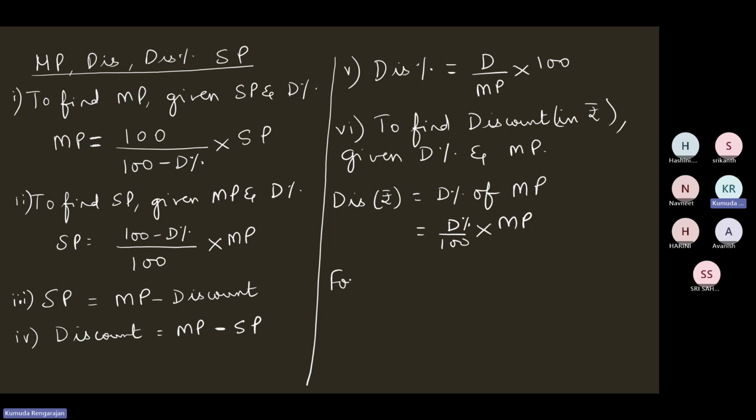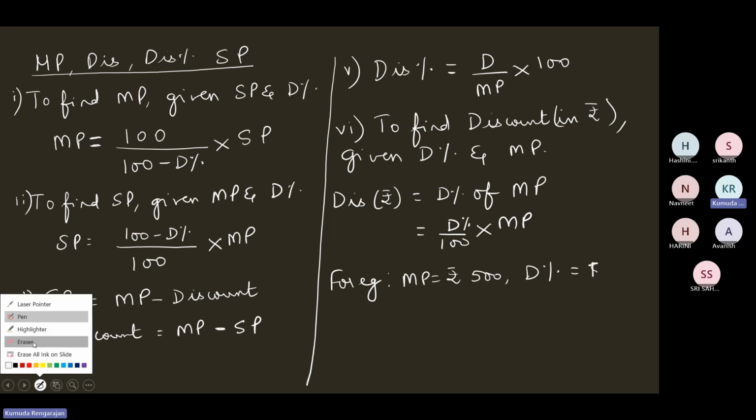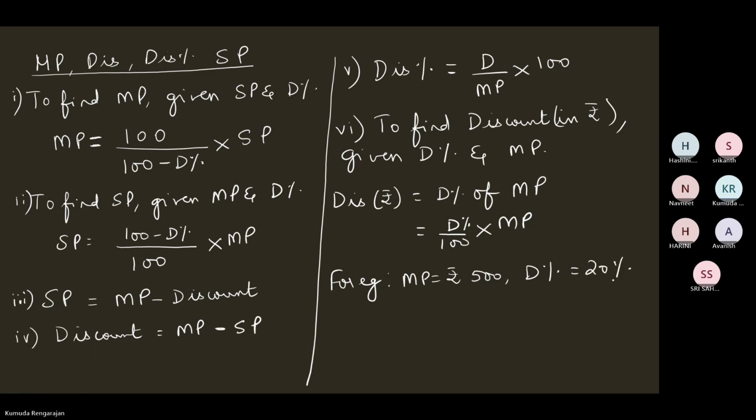For example, if mark price is say rupees 500 and the discount percentage is, say, 20% discount, to find discount in rupees.